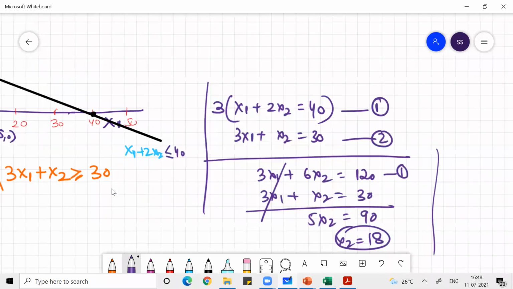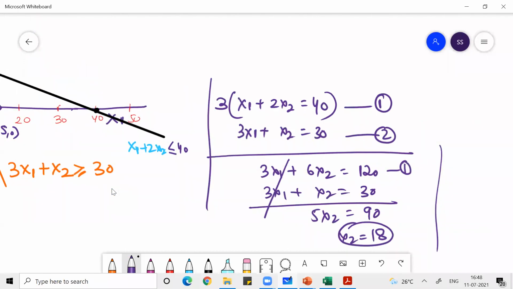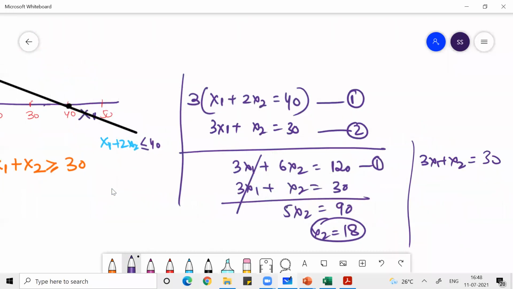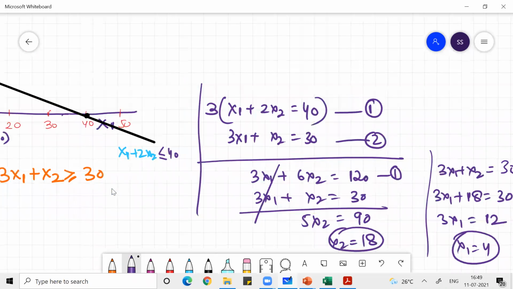Once you get the x2 value, put it in any equation and find the x1 value. So 3x1 plus x2 is equal to 30, with x2 as 18, so 3x1 is equal to 12. So x1 is equal to 4. So this coordinate is (4, 18).